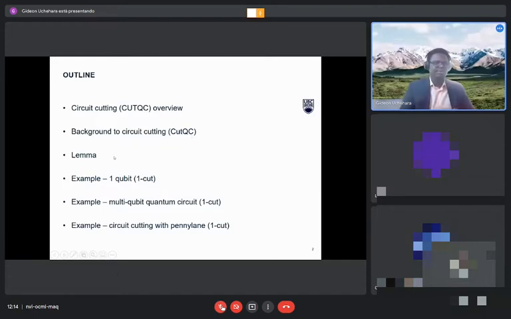I'll go over the lemma behind the idea of circuit cutting, then examples of circuit cutting with 1 qubit, and I'll look at multi-qubits, and I will go over how to implement this using PennyLane.